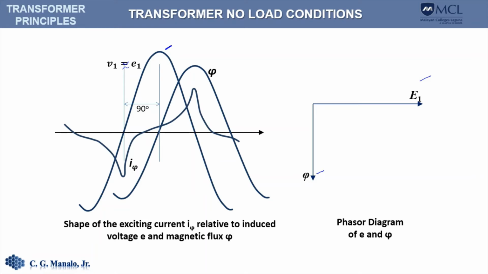Notice that for higher flux here, the exciting current tends to be sharper at that point because the core is more saturated compared to when we have a lower flux, and therefore the exciting current has to be higher in order to overcome that saturation and produce a higher flux inside the core.